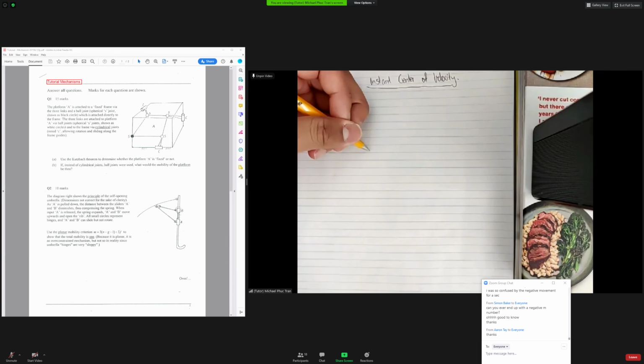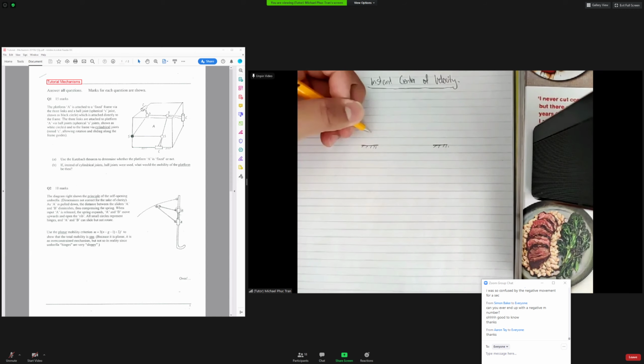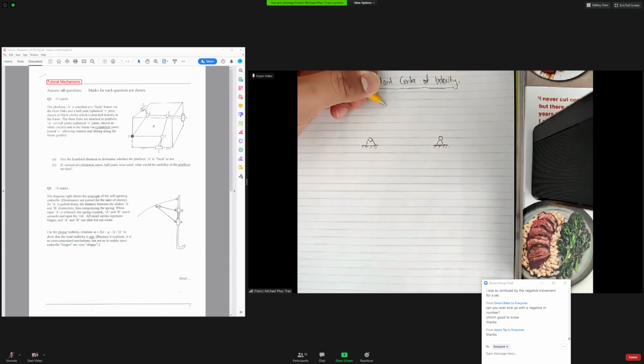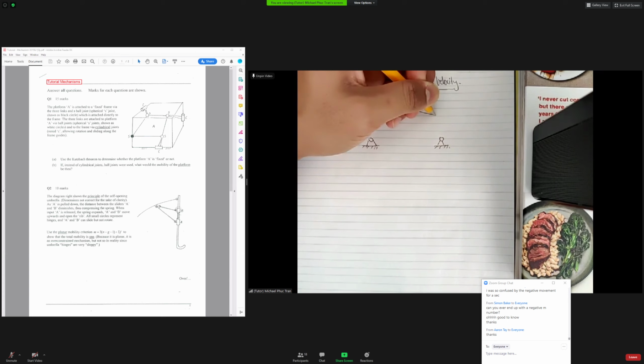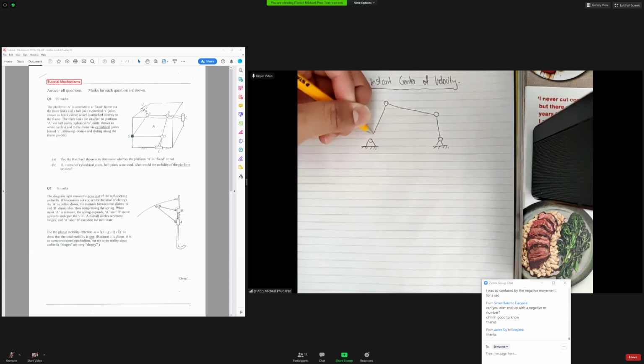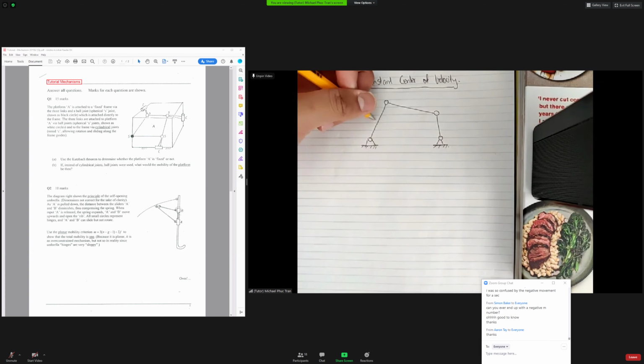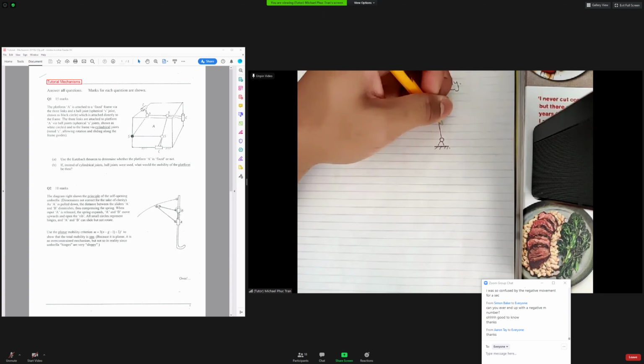So the way we teach this is we give you a 4-bar linkage. So 4-bar meaning 4 bodies, 1, 2, 3, 4.